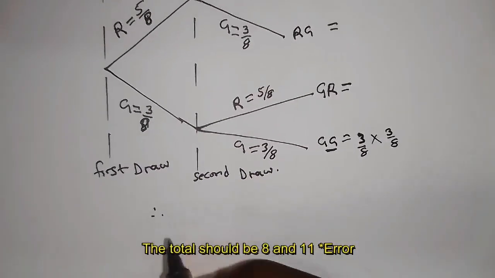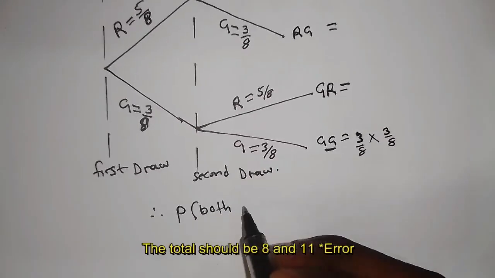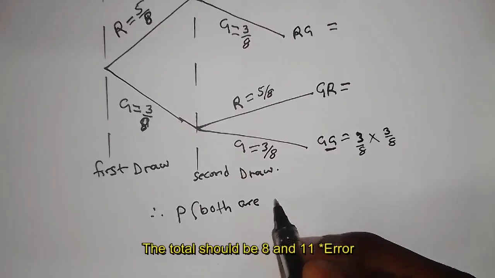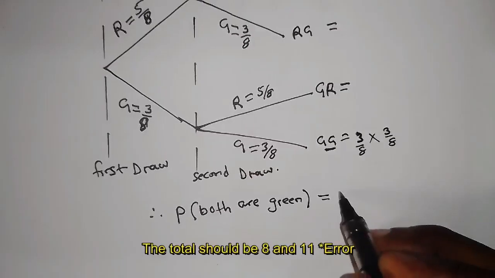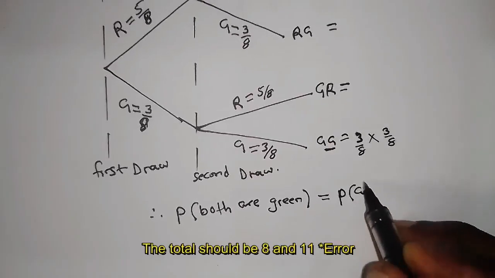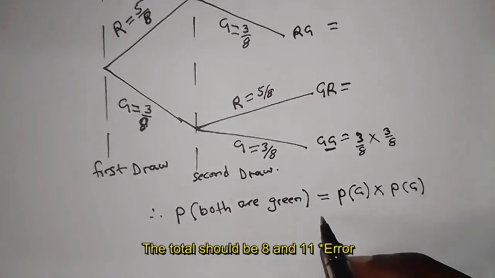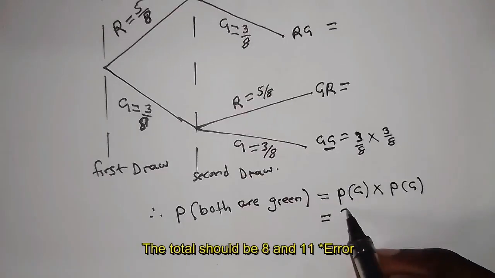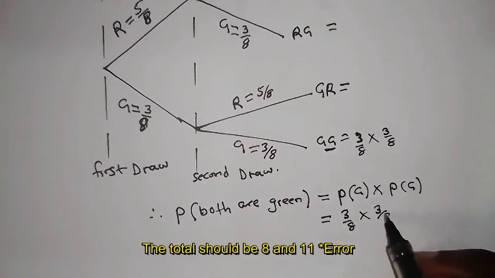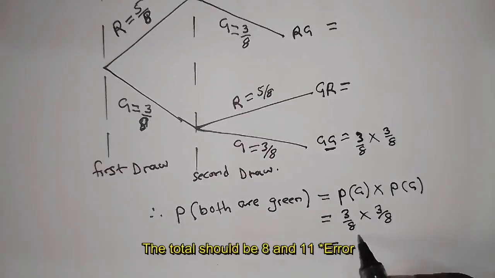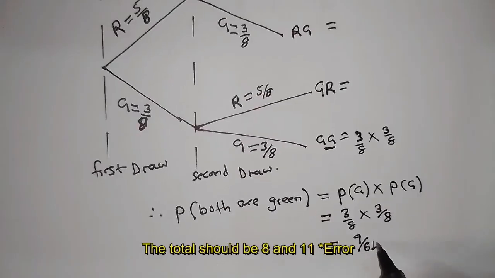So therefore, the probability that both are green means the probability of green multiplied by the other probability of green. So this is going to be 3 out of 8 multiplied by 3 out of 8, and this will just be 9 out of 64.